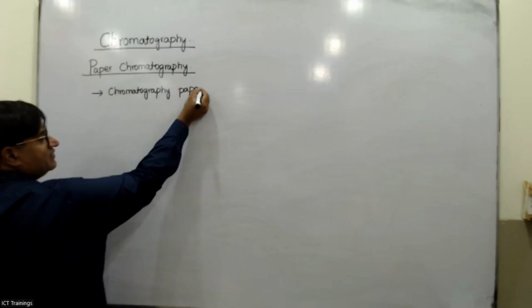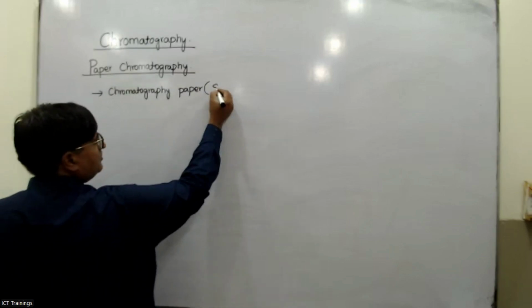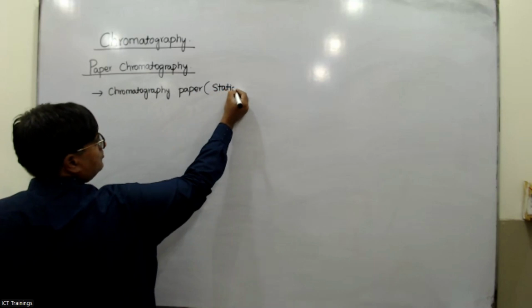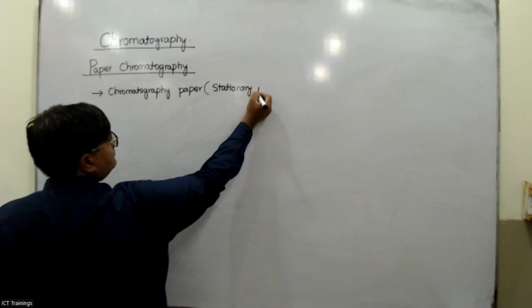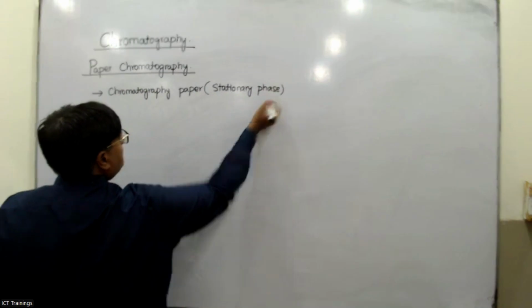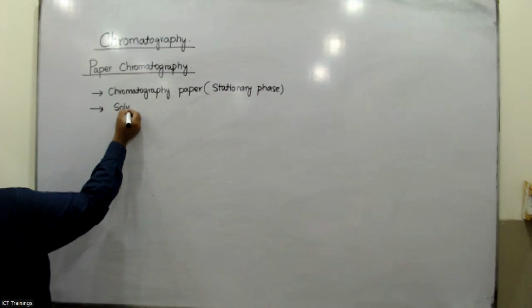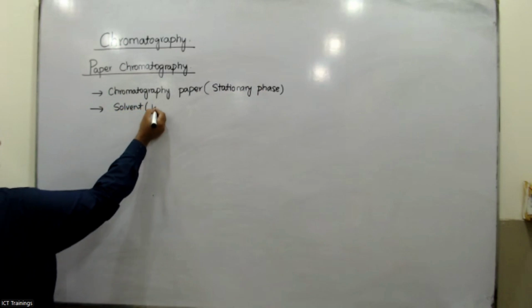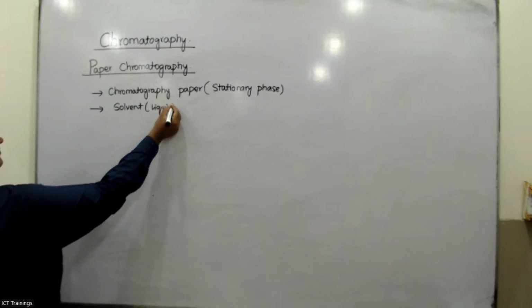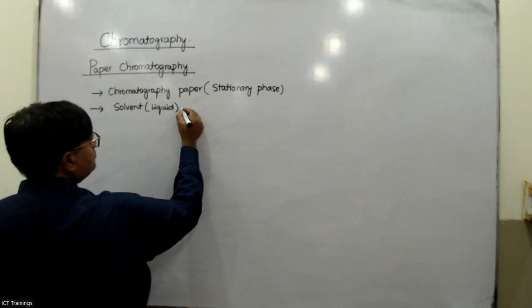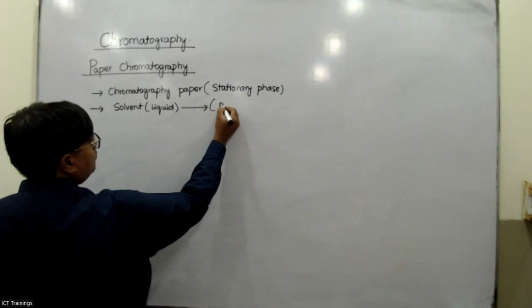Chromatography paper that is used as a stationary phase. So this is the stationary phase. And the second thing, the solvent, which is actually the liquid. This one is used as a mobile phase.